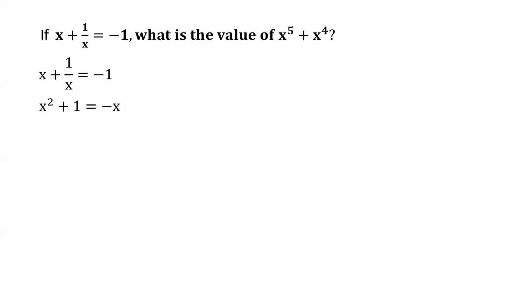X squared plus 1 will be equal to minus x. And then if we bring x over to the other side, x squared plus x plus 1 is equal to 0. I've put this in red because this is an equation that I'll be referring back to as I proceed to solve this problem.